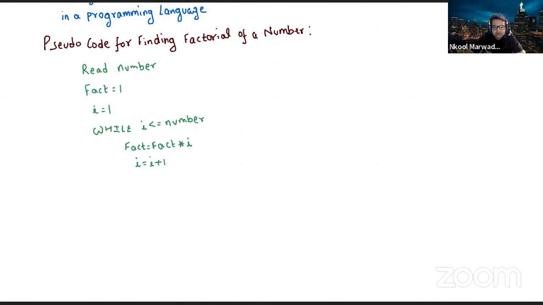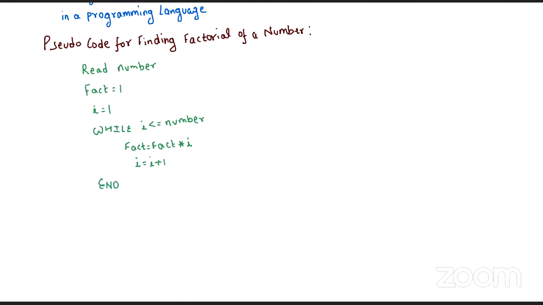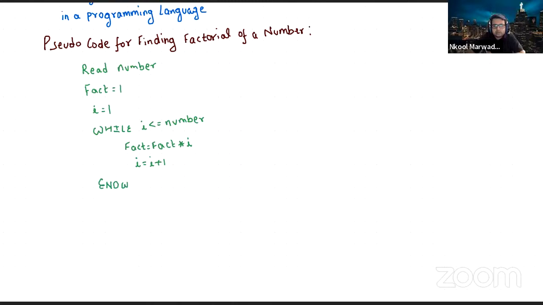And in pseudocode, whenever we end a while loop or any loop, we have to mention that, to make it more readable and understandable. Then write fact. So we have written a pseudocode for finding the factorial of a number.